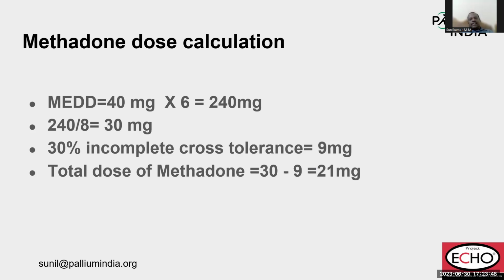So first day you would add 1/3 of methadone and reduce the morphine by 1/3. And on the second day, you will increase the methadone to 2/3 and you will reduce the morphine by 2/3. And on the third day, you will give full dose of methadone. Then you will stop morphine. So that is known as 3-day switch.